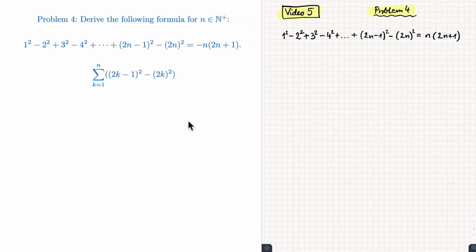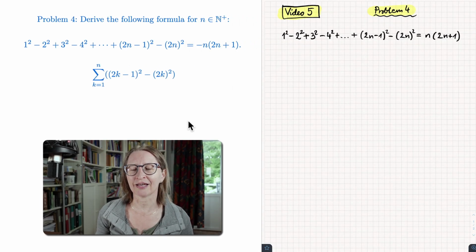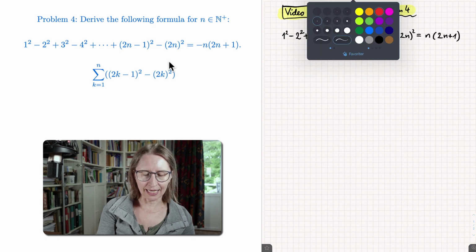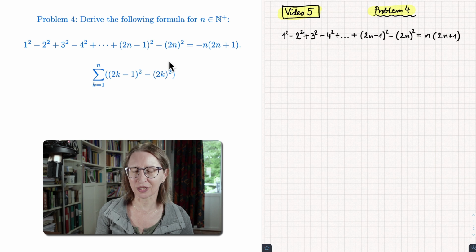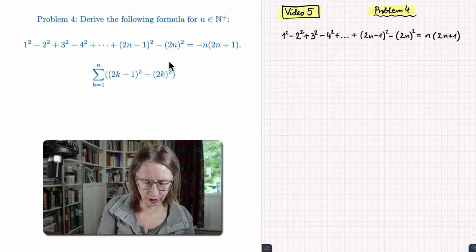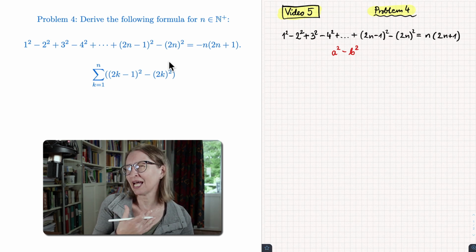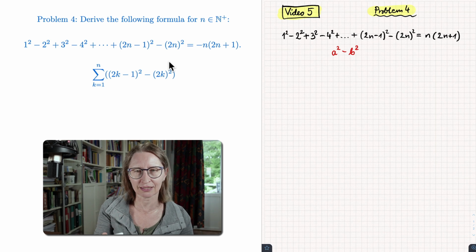Okay, so how can we prove, how can we derive this formula? I promised to give you a hint, and the hint is the following. Use the formula for the difference of two squares. How does its formula look? Well, a squared, of course, minus b squared, the difference of two squares, where a and b are just some numbers, doesn't matter what.